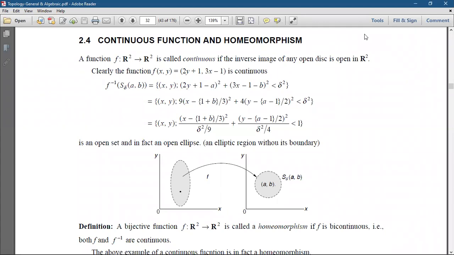A function f from R square to R square is called continuous if the inverse image of any open disk is open in R square.